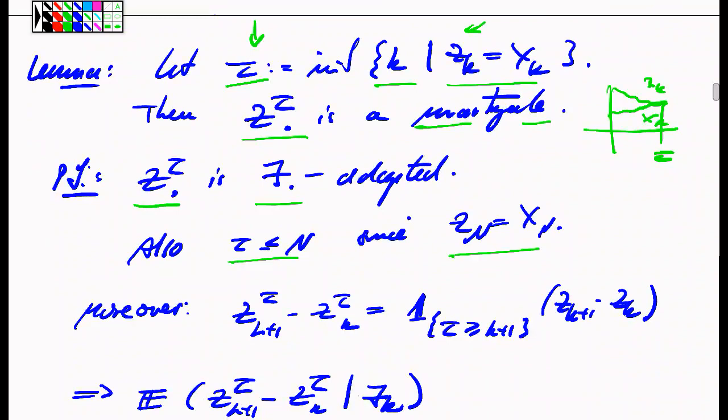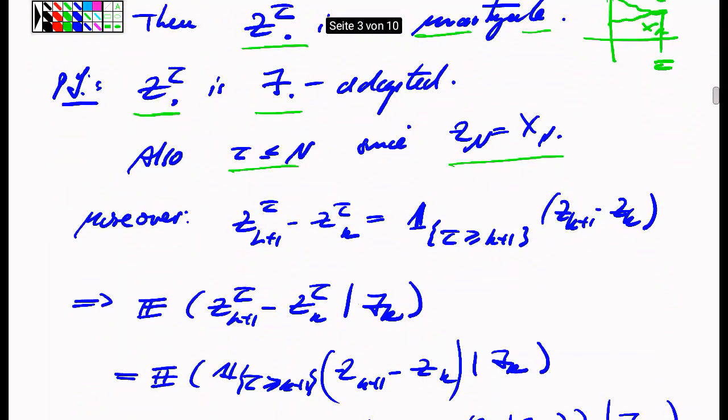That's just a technical remark, because at the latest, at terminal time n, the two processes Z and X coincide, just by the very definition of Z. Moreover, if we evaluate the increments of the stopped process, then we see that the increment plays a role only before the stopping actually kicks in. So the stopped process has no increment if stopping has already occurred.